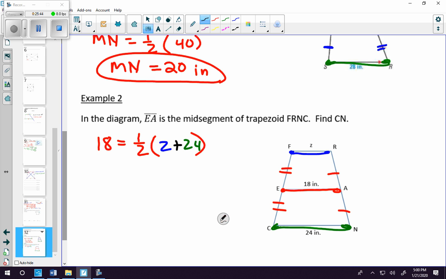So what you want to do here when we know the mid-segment and we're looking for one of the base lengths is divide both sides by half first. And when you divide a whole number by a fraction, your answer better be bigger than 18, not smaller. And in fact, in this case, when we're dividing by half, it should be twice as big as 18, so it should be 36.